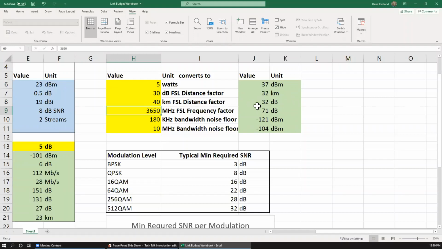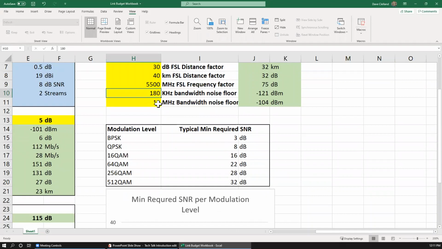If I changed my frequency from 3650 to 5500, let's say, then I'm going up by 4 dB. It's not quite doubling the frequency, but I've gone up by 4 dB for the contribution of the frequency factor to my free space loss. And of course, if I change my channel bandwidth, then my noise floor changes accordingly.